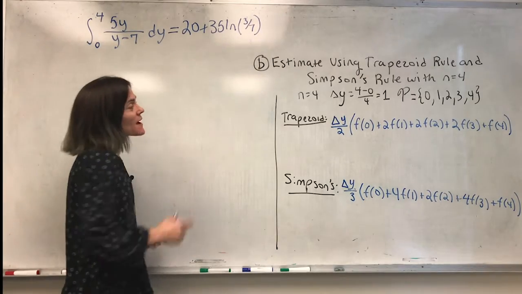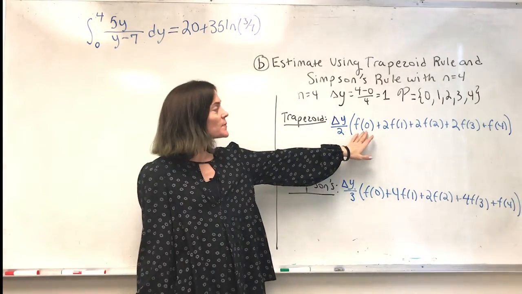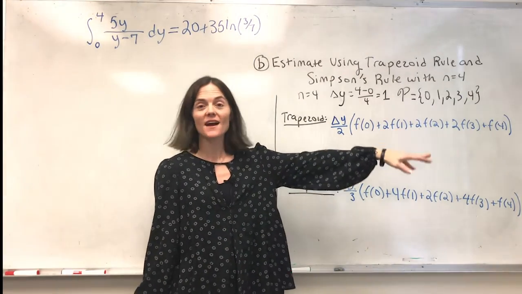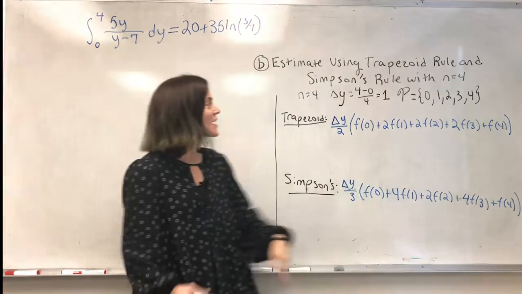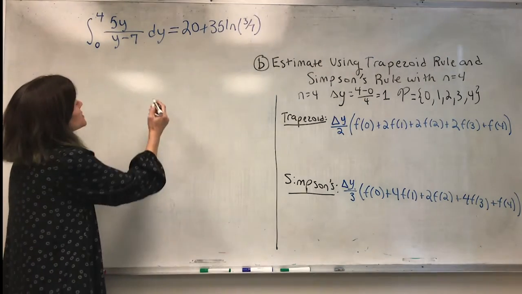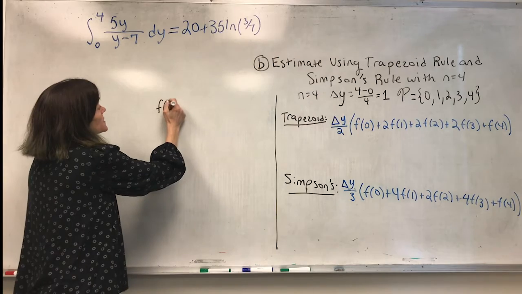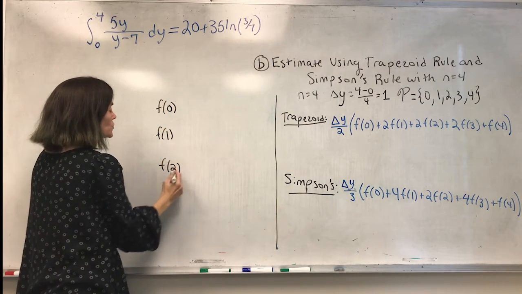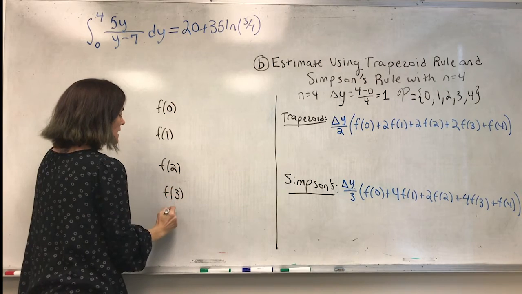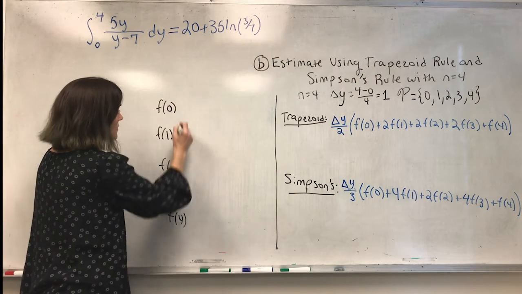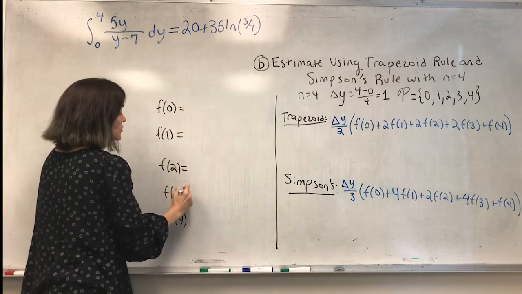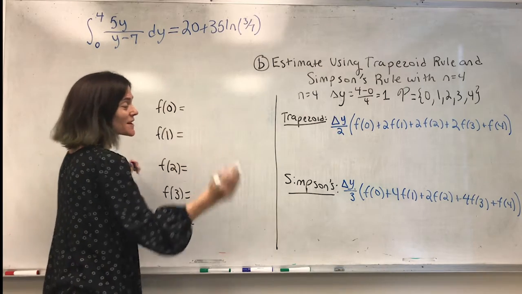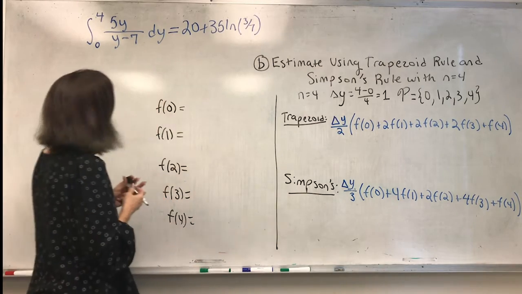Now, over here I will compute the function value at every point in our partition. So I need f of 0, f of 1, f of 2, f of 3, and f of 4, and then whether I'm doing trapezoid or Simpson's, I'm going to use both these values.